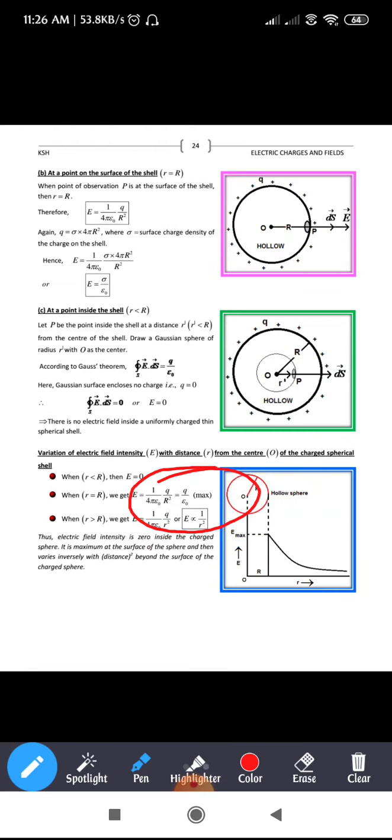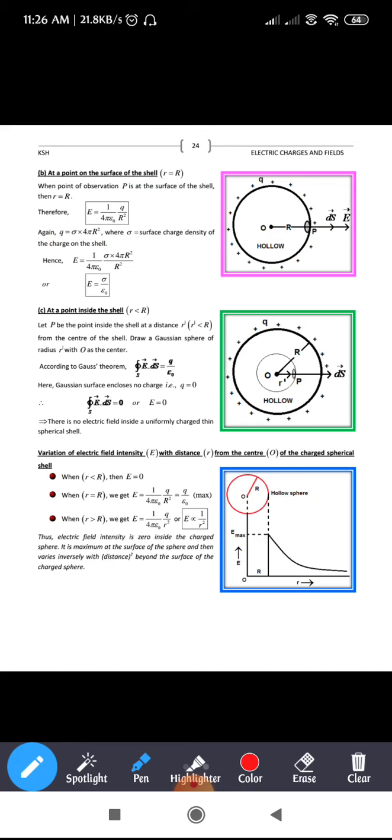In this case, since small r is equal to capital R, I'm just going to replace small r by capital R. So the final expression comes out to be E equals 1 by 4 pi epsilon into q divided by capital R squared.